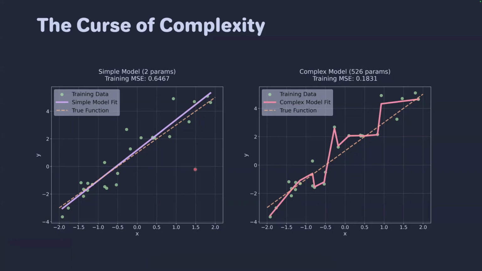Today we have an interesting topic for discussion. So let's just start by introducing what I call the curse of complexity. We have seen data before. This is just some distribution from a linear relationship between x and y with some added noise.